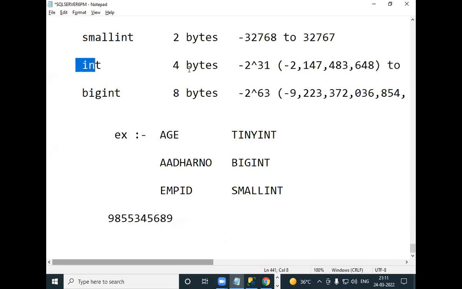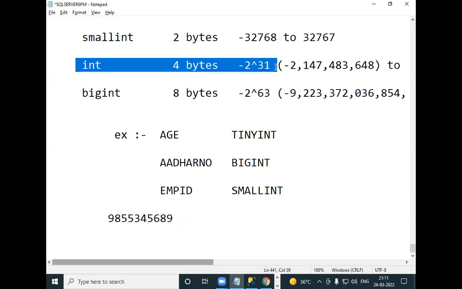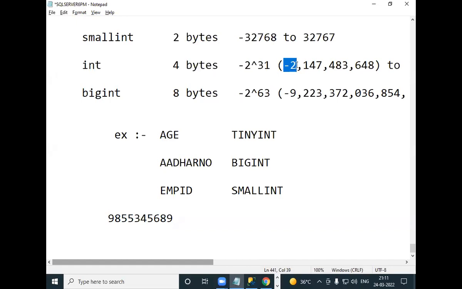Then is integer okay? Integer is okay? Not okay. Then we have to go for big integer.